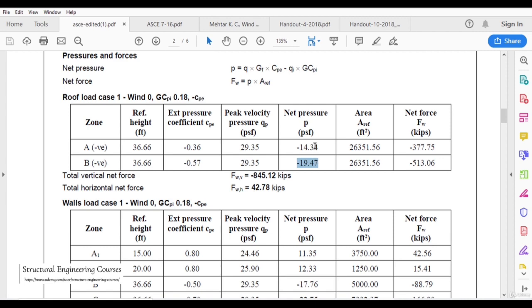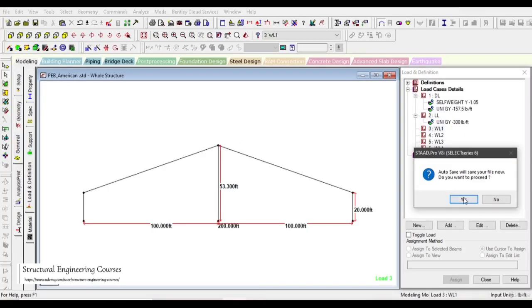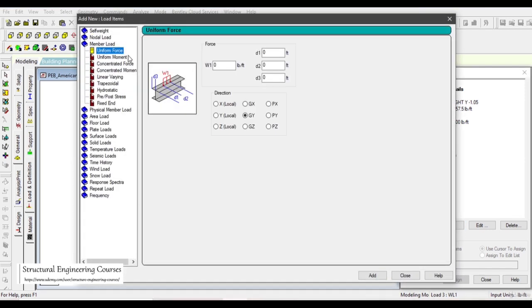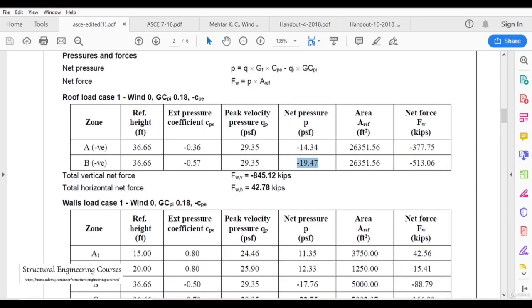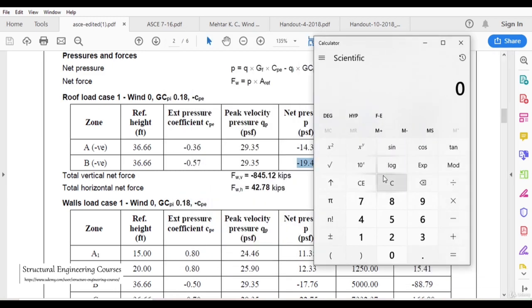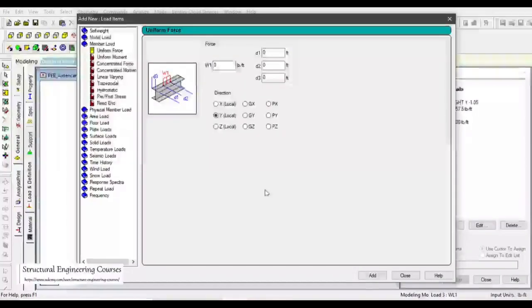So first of all, we shall apply this WN1 loading here. The first value that we need to apply is this minus 14.34. So 14.34 into 25 comes out to be 358.5, so minus 358.5.